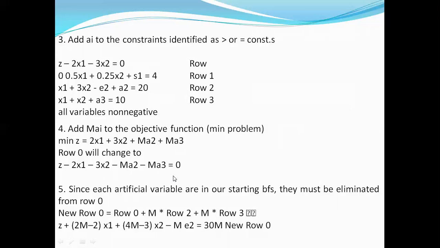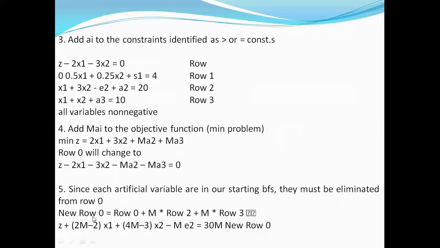Again, our condition from the first step, that the value should be greater than or equal to 0, has been satisfied. Hence, we can further calculate our BFS values. Since each artificial variable is in our starting BFS, it should be eliminated from row 0. So row 0 is calculated as row 0 plus M times row 2 plus M times row 3.